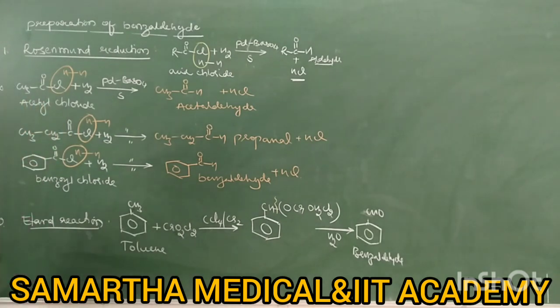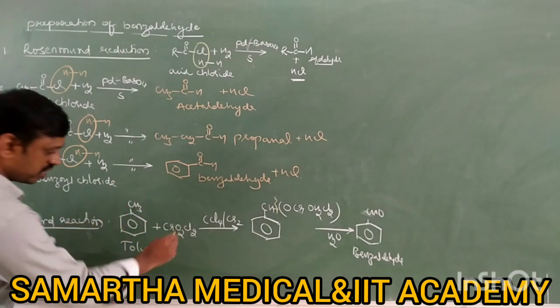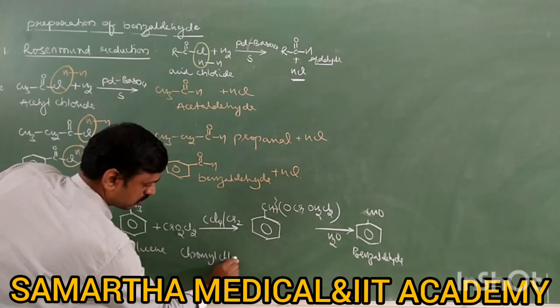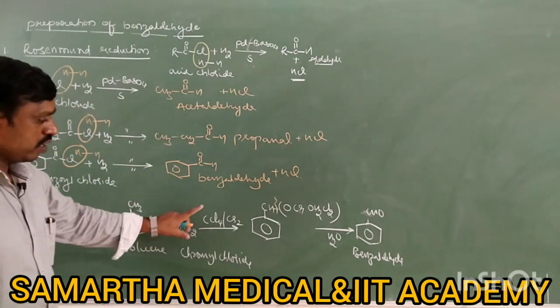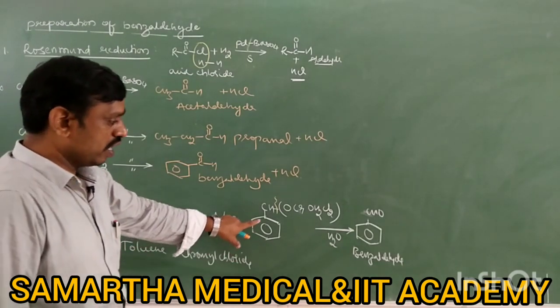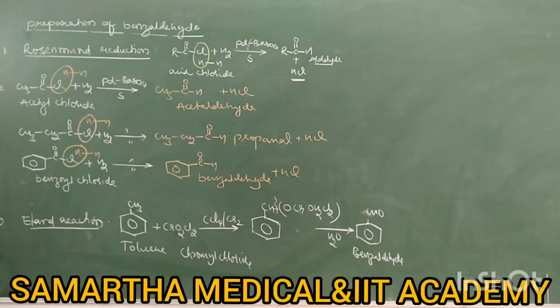Statement important as well as reaction also important. So statement is toluene is treated with chromyl chloride, in presence of carbon tetrachloride or carbon disulfide to form an intermediate which on hydrolysis forms benzaldehyde. This reaction is called Etard reaction.